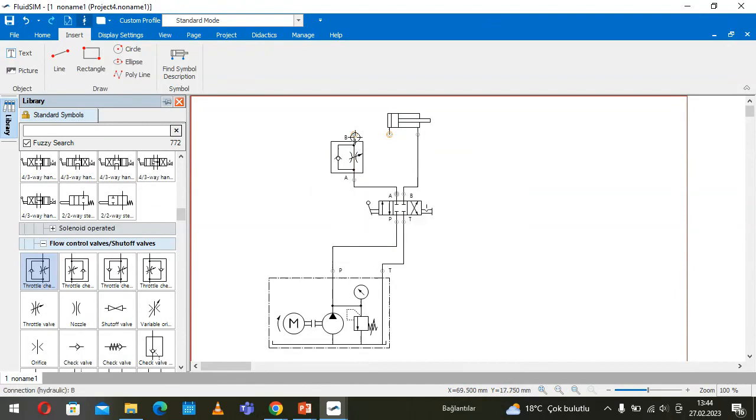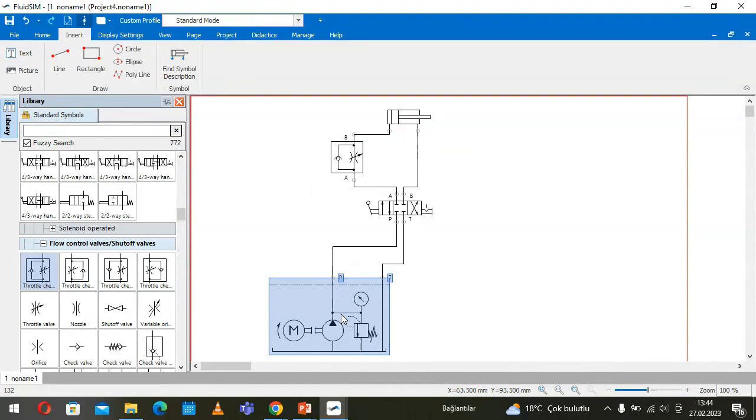And this is this valve here, used in hydraulic. It is also possible to use in pneumatic technology, which has also the same valve.